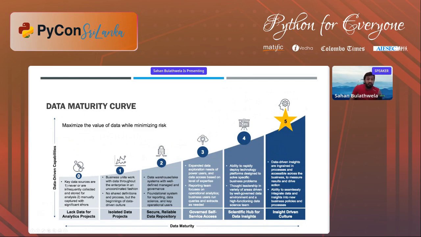With time, with experience, people in the industry have formulated what is called the data maturity curve, which shows different stages of data science or data maturity organizations can be in.